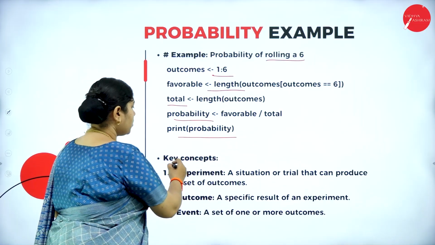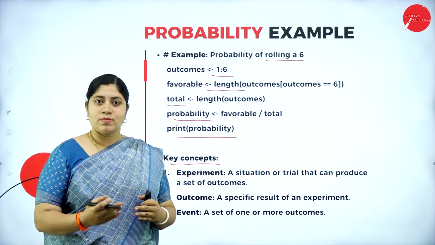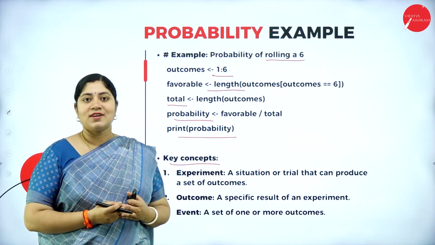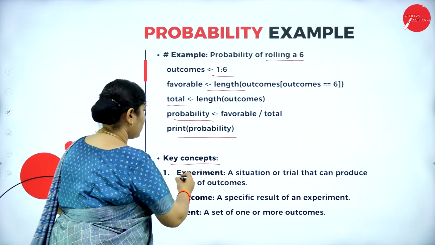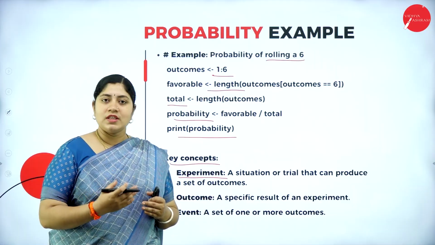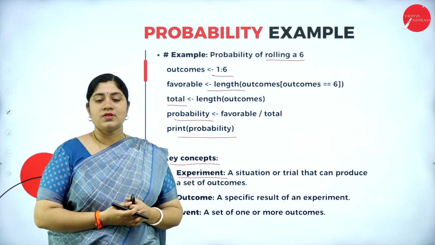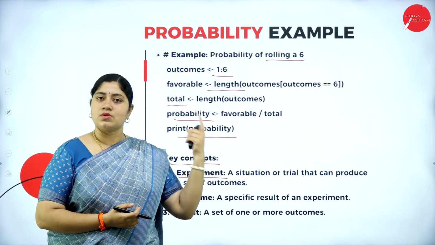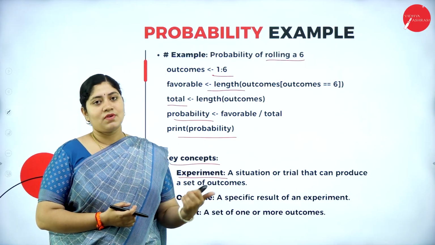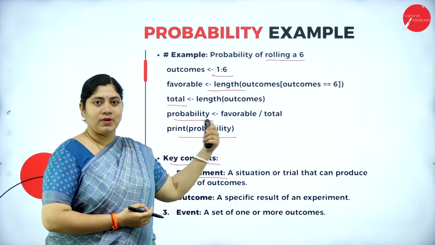Now let's see what the different key concepts are that we utilize when we define probability. The first thing that comes to our mind is an experiment. Whenever we consider an experiment, there will be multiple outcomes, right? Out of those outcomes, we will just go with the total outcomes as well as the favorable outcomes. That's why it is correlated with probability.